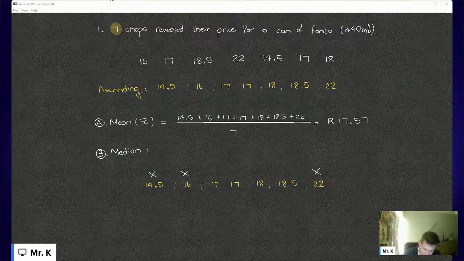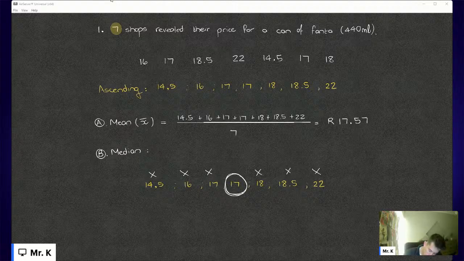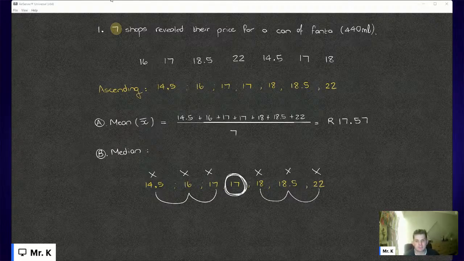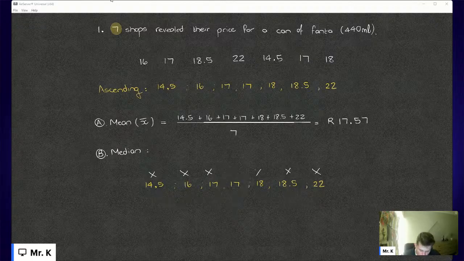Go back to the left, back to the right. Back to the left, back to the right. And you can see that we are left with one value in the middle, where there are 1, 2, 3 numbers on the left and 1, 2, 3 numbers on the right. So we know that this value over here, 17, must be the middlemost value, which we also call the median.